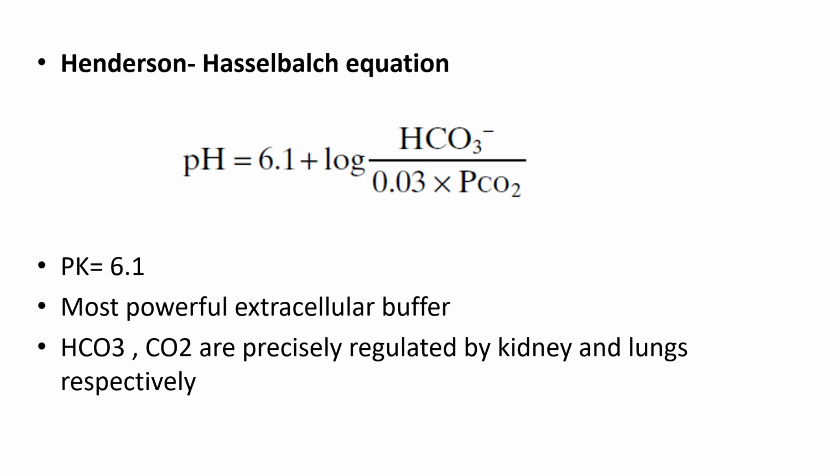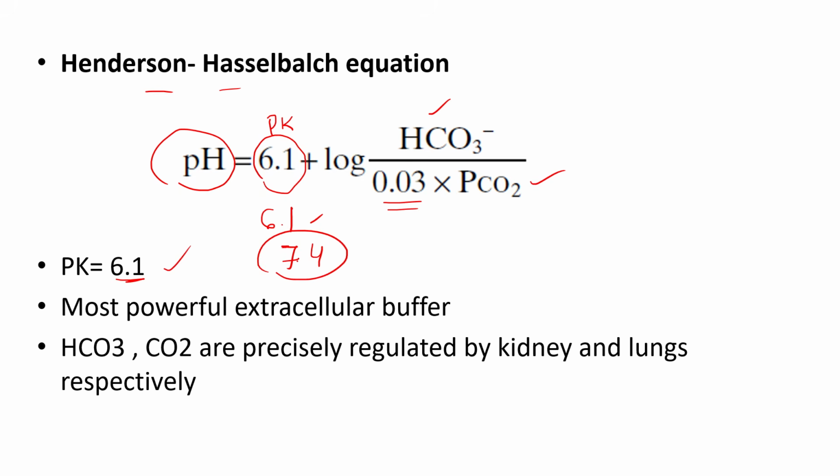So the dynamics of this bicarbonate buffer is explained by an equation called Henderson-Hasselbalch's equation, where pH is equal to pK plus log bicarbonate by carbon dioxide times 0.03, that is the solubility coefficient, and this pK for bicarbonate buffer is around 6.1. Even though our blood pH is around 7.4, the pK is 6.1, which is a bit away from this value.